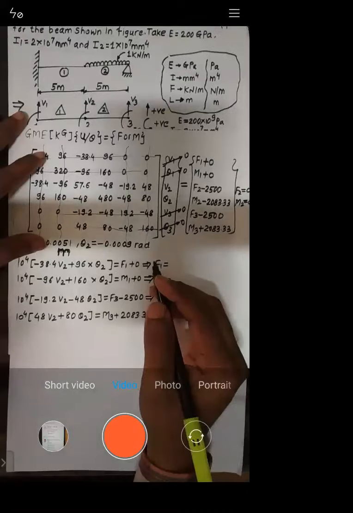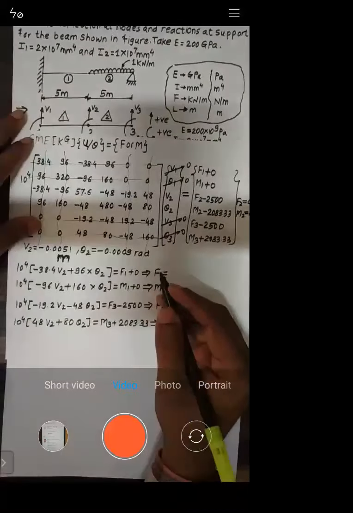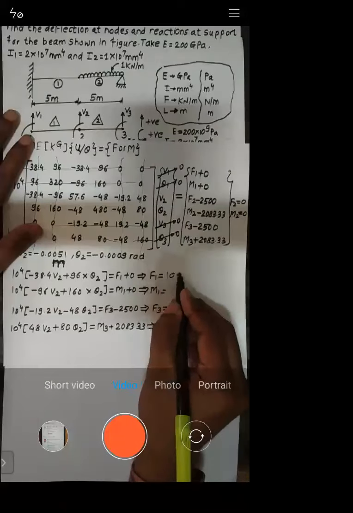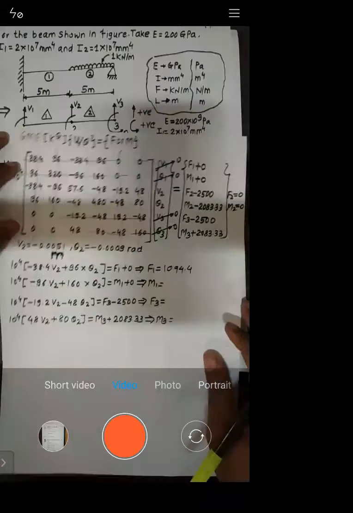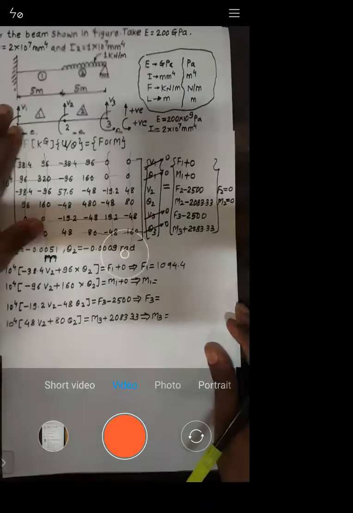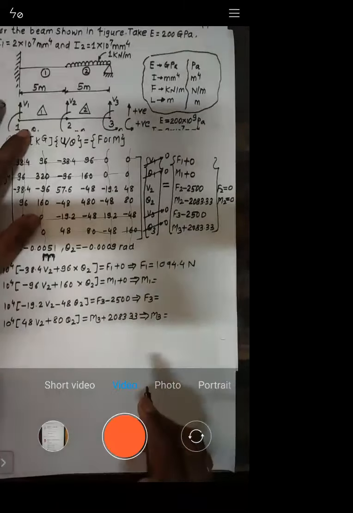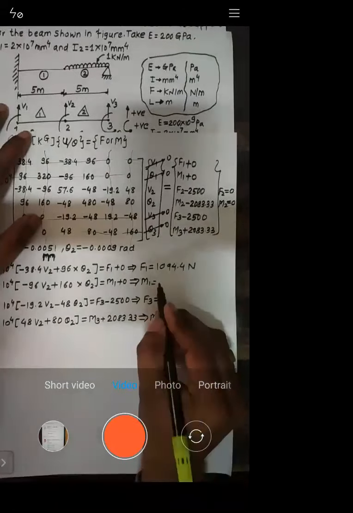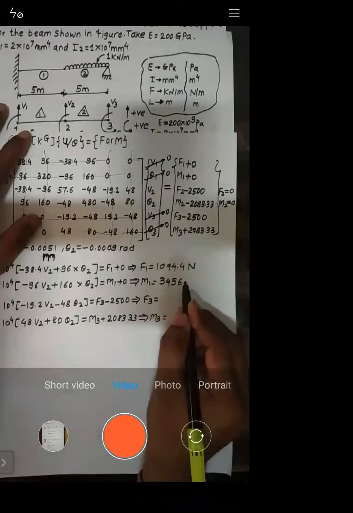F1 is 1094.4. F1 is this one, all of you check it. M1 is 3456 Newton meter.